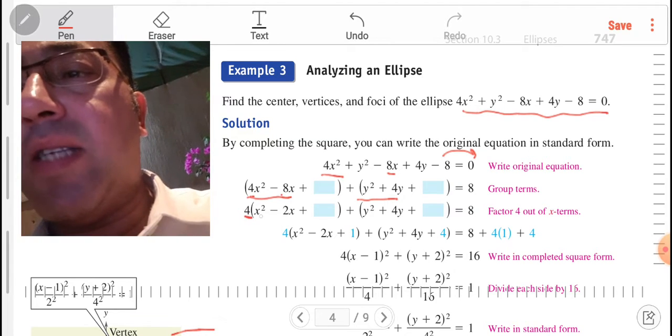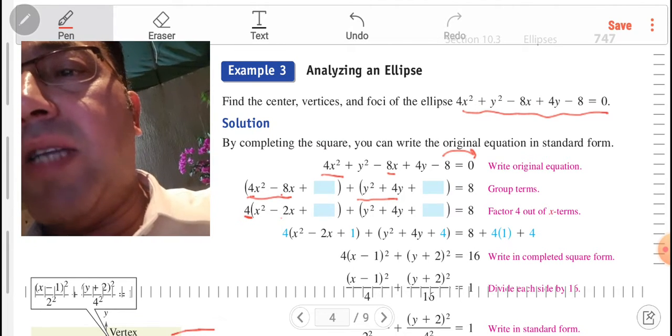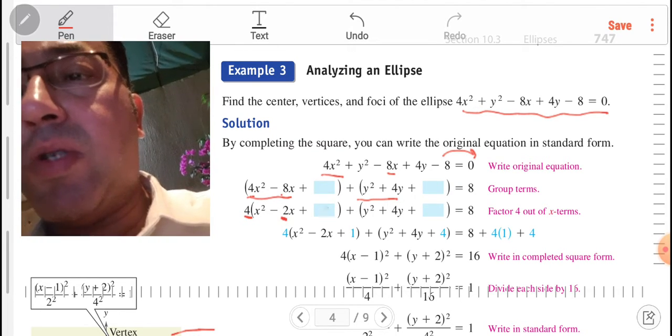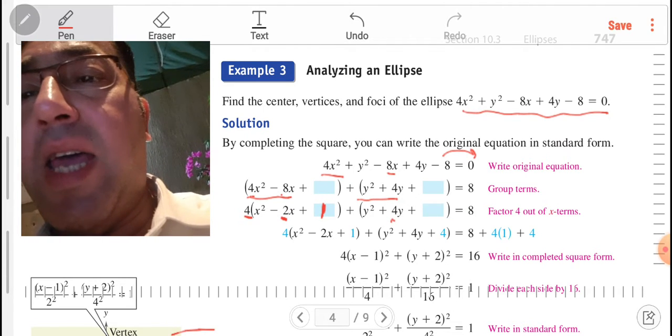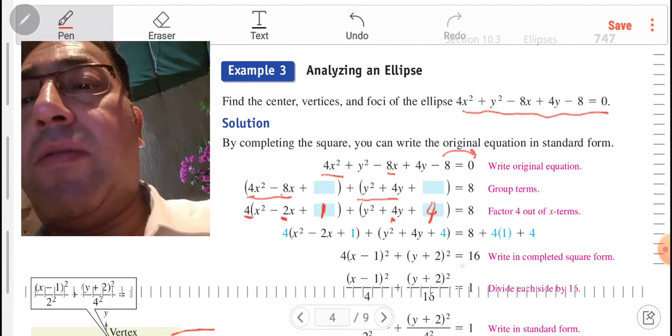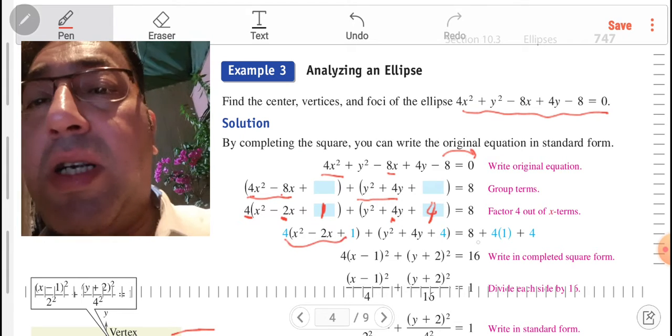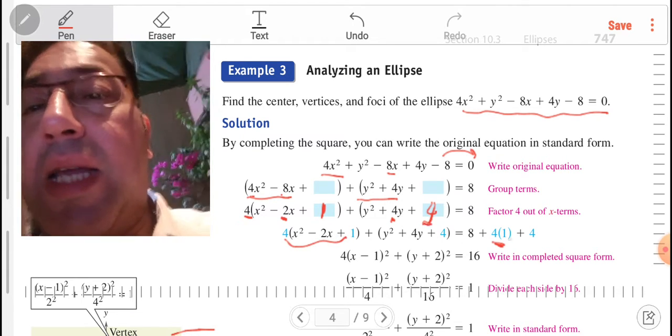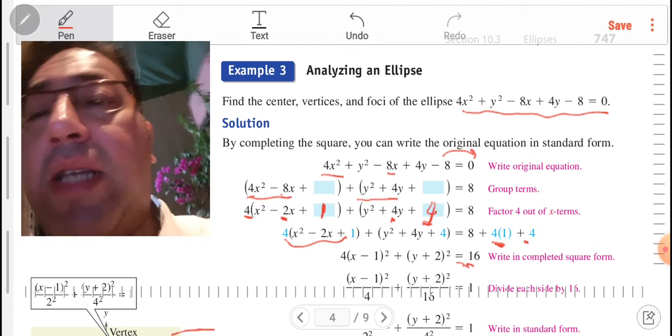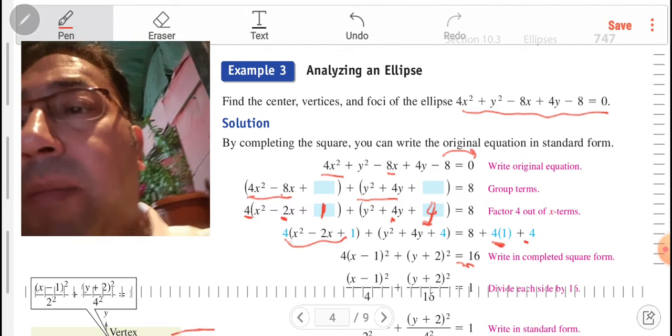Take 4 common as we said before. So write a number here: half of 2 squared, 1. Half of 4, 2 squared, 4. Okay. And now don't forget we added 4 here, and add also 4 there. The right hand side becomes 16.